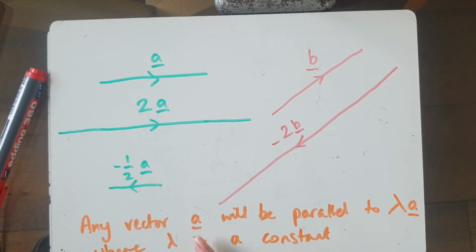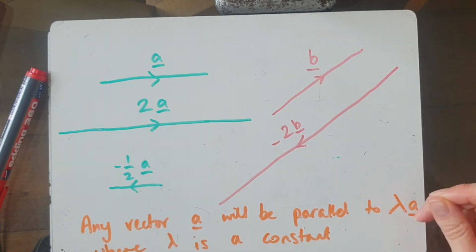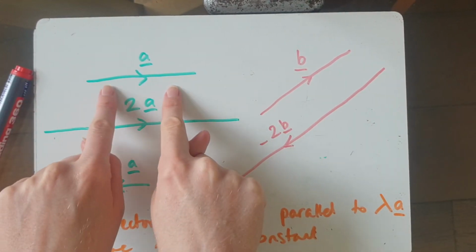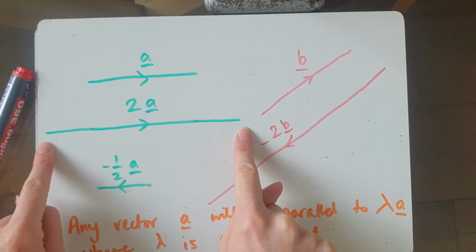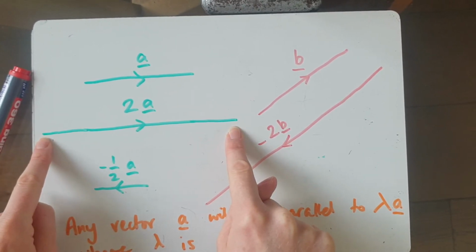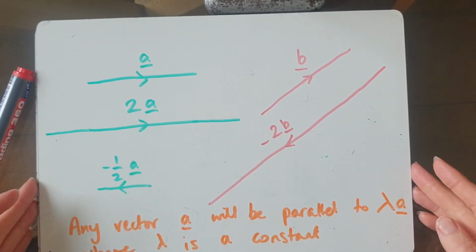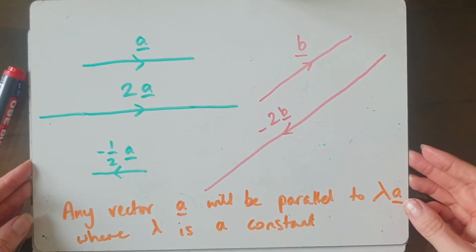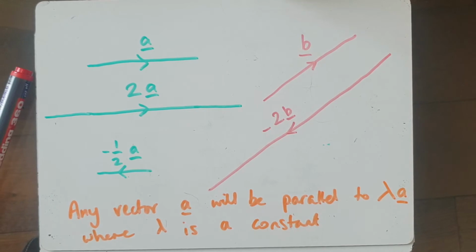Any vector A will be parallel to another vector, which is A times a constant, because it just extends the line out. So this is A, this is 2A. All it's done is extended it out. They are still parallel. So I can't quite see where, so I'll move that up slightly. Can you please copy that down?